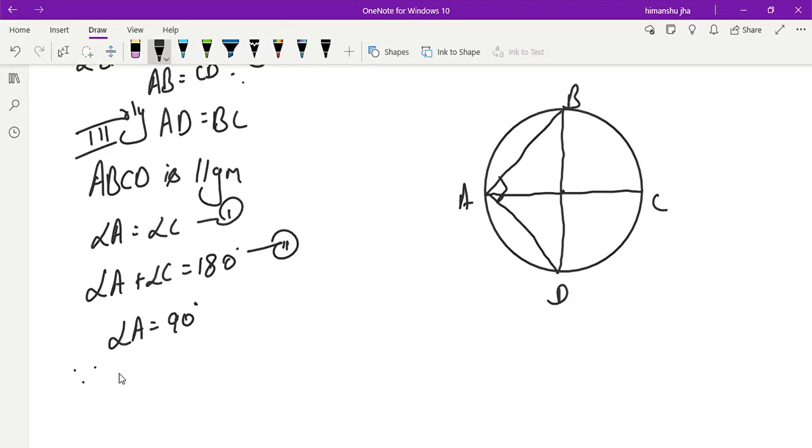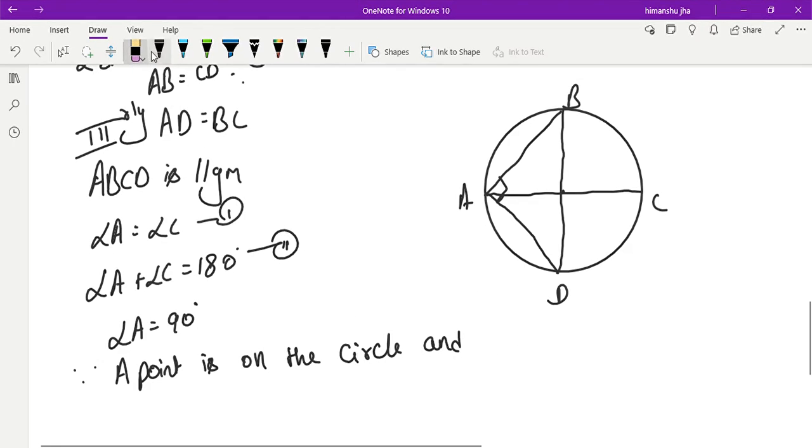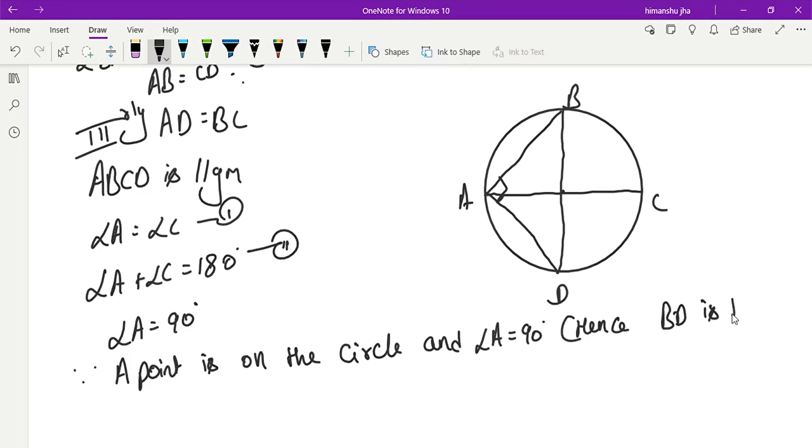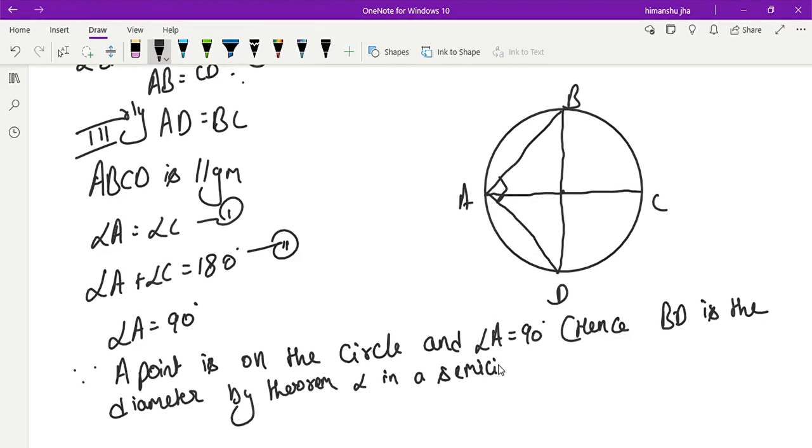Since point A is on the circle and angle A is 90 degrees, hence BD is the diameter, by the theorem: angle in a semicircle. Correct.